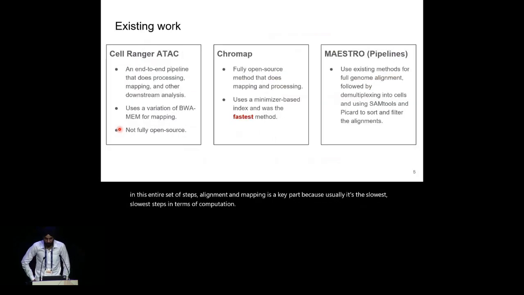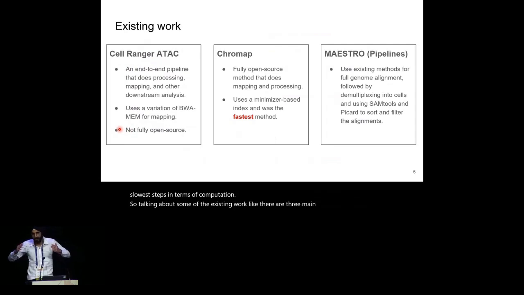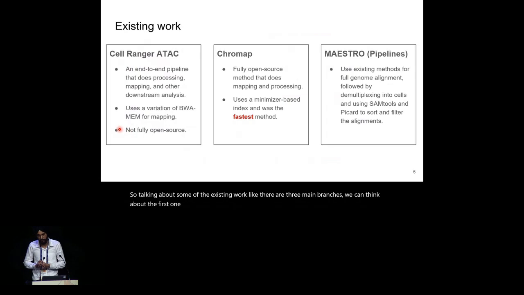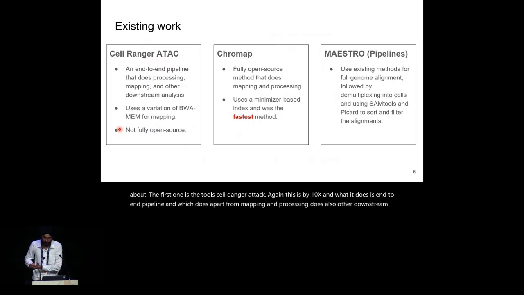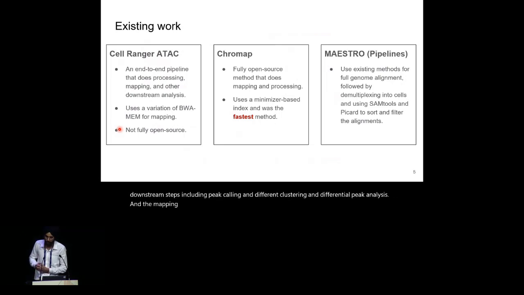Talking about some of the existing work, there are three main branches we can think about. The first one is the tool Cell Ranger ATAC. Again, this is by 10x, and it is an end-to-end pipeline which, apart from mapping and processing, also does other downstream steps, including peak calling, clustering, and differential peak analysis. The mapping is slightly slow for this tool as it uses a variation of BWA-MEM.